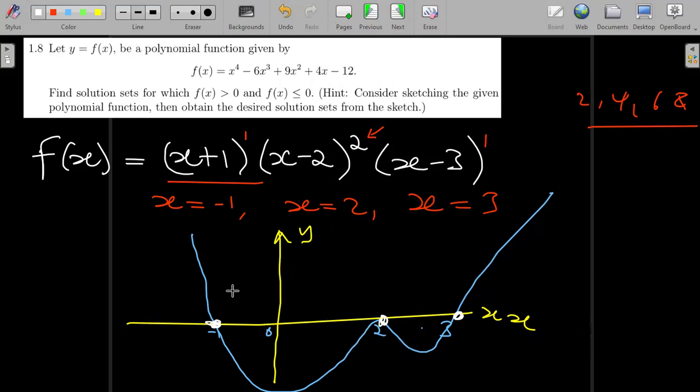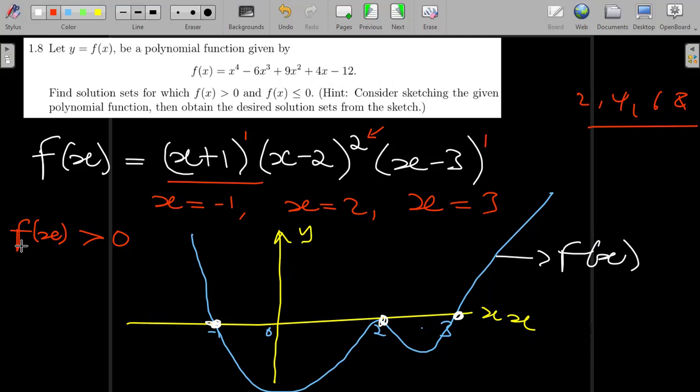Now after we've sketched this, because this is our f of x, we can now find the solution set for which f of x is going to be greater than 0, and f of x is going to be equal to or less than 0. So f of x is greater than 0.